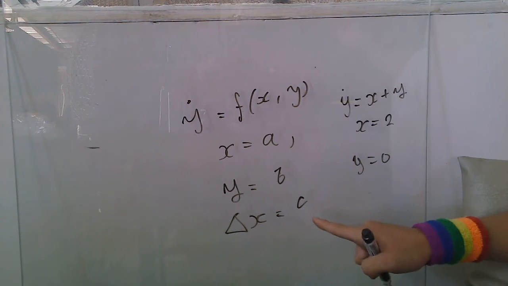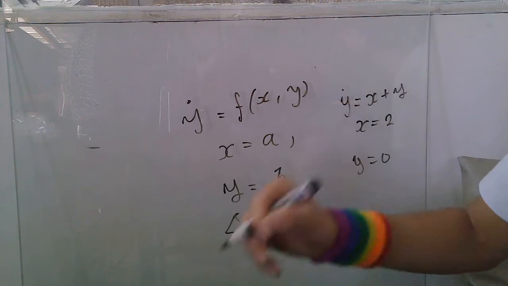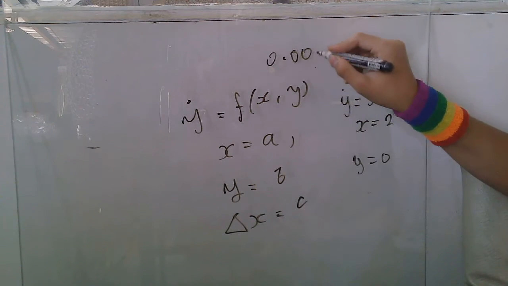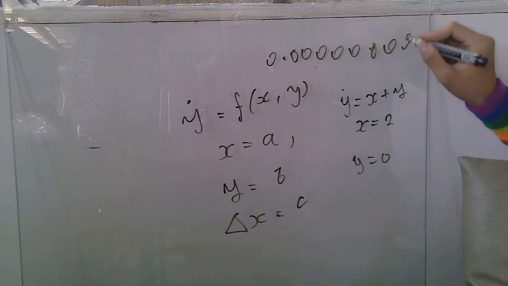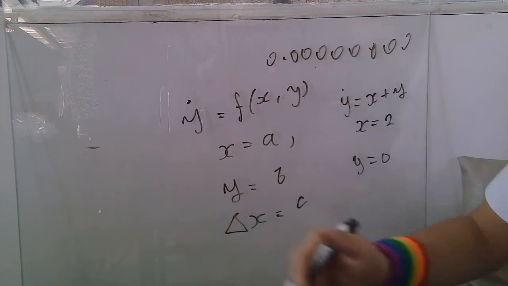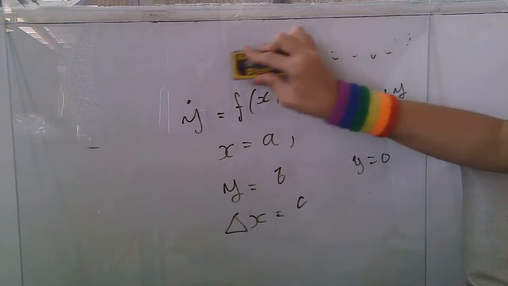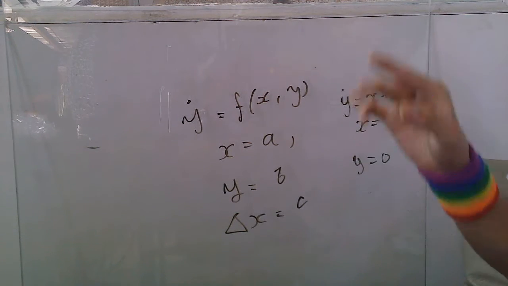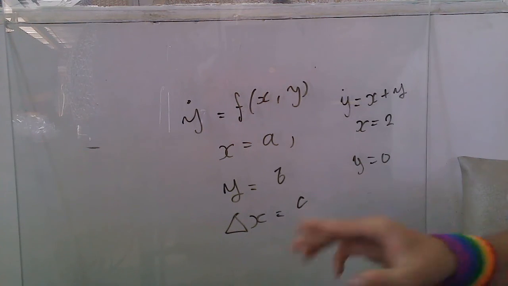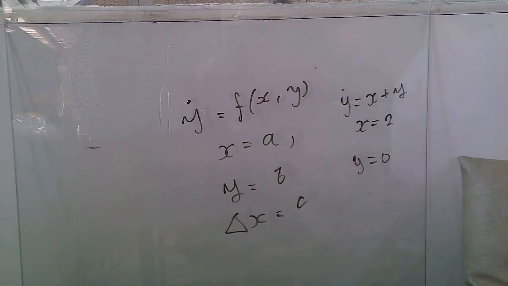But c is usually better when it's very, very small, like 0.0000000001, that's a really good approximation for y. So we have some prescribed nudge, or delta x, to the function.